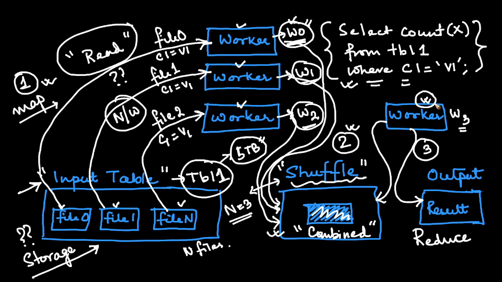We have to do this in a very computationally effective way. We are going to discuss how BigQuery does this in the following videos. But as of now, this is the very basic structure of how a query gets executed. Thank you.